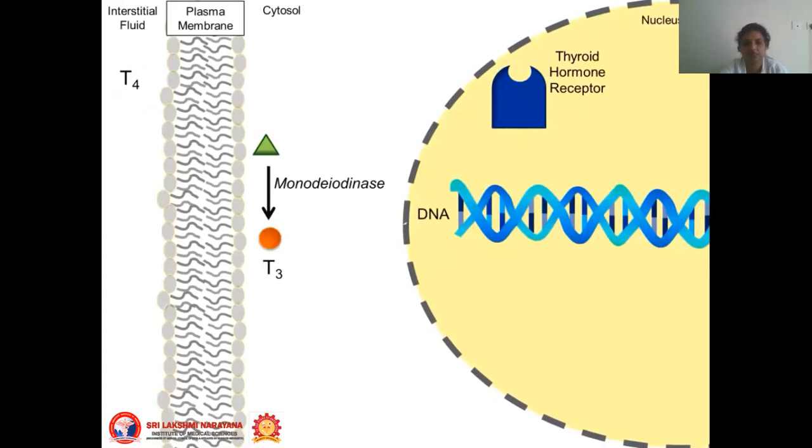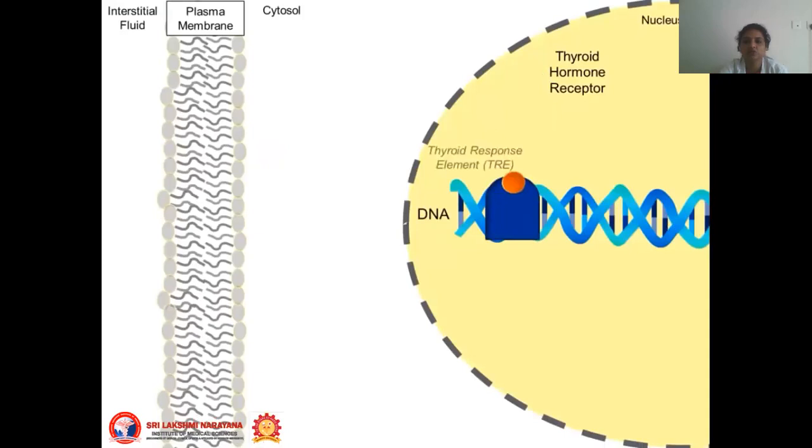Once T3 is formed inside the cell in the cytosol, it goes and binds to the thyroid hormone receptor, which is present on the nucleus. This hormone receptor complex binds to the thyroid response element, which is present on the DNA. This is a segment on the DNA which initiates the mechanism of action of the thyroid hormone.